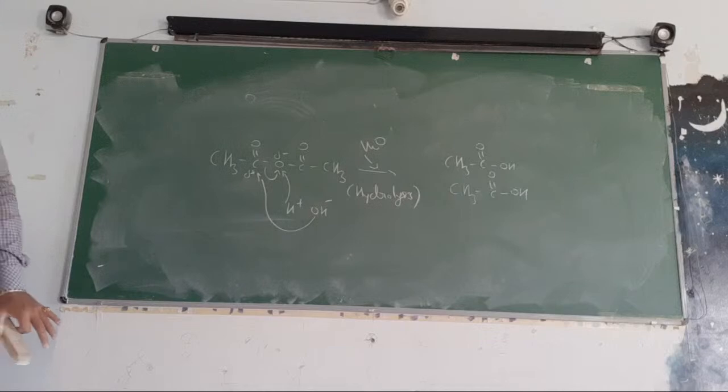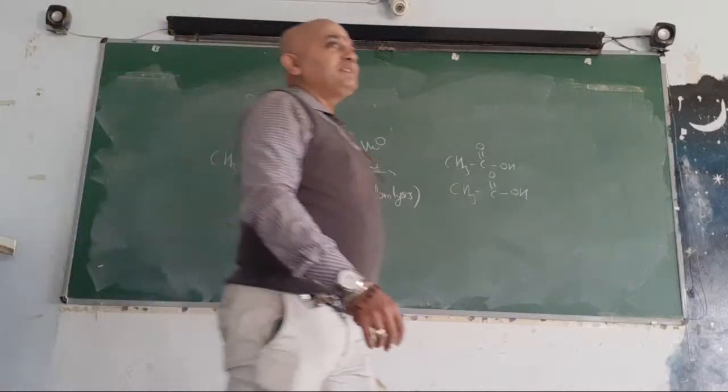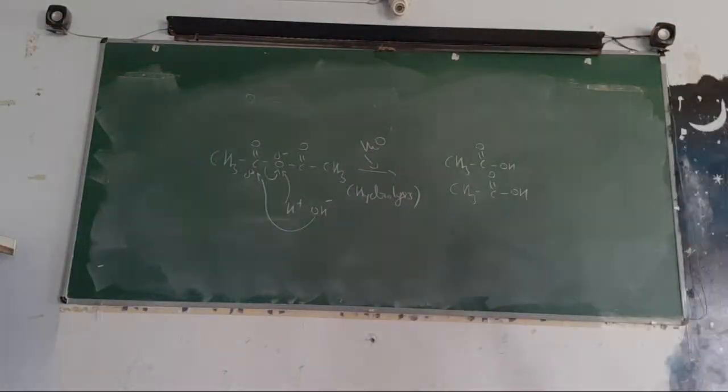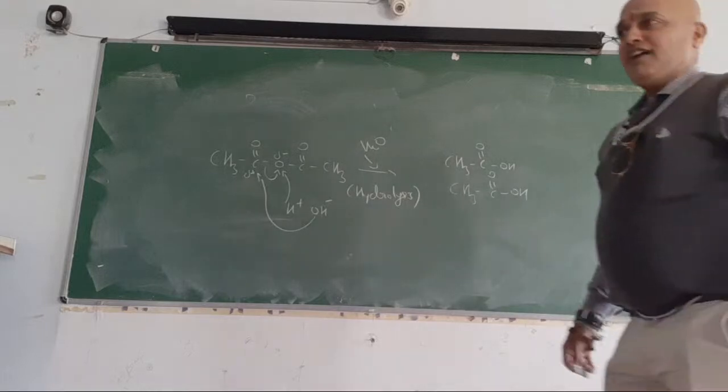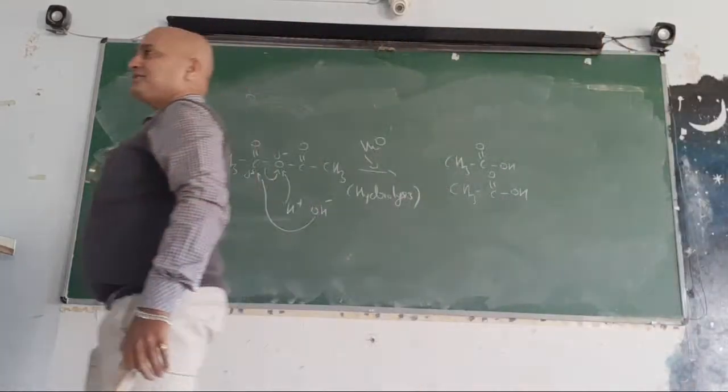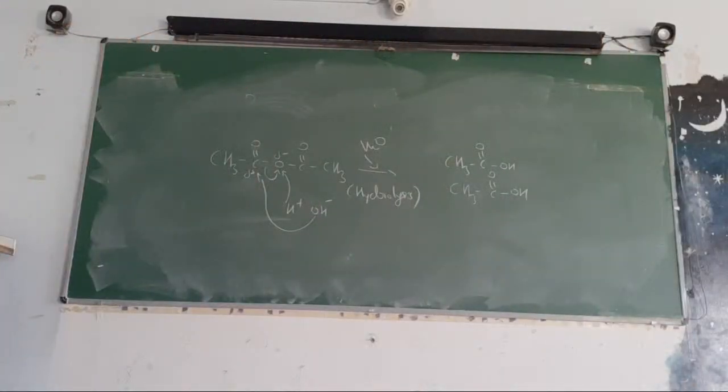Any doubts? By seeing your faces, I am getting confused now. Whether I have reached you? Sir, after a long time, we are sitting in the classroom. As usual, you are bombarding us.